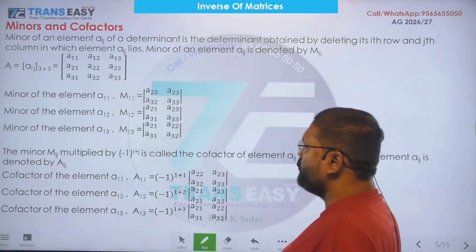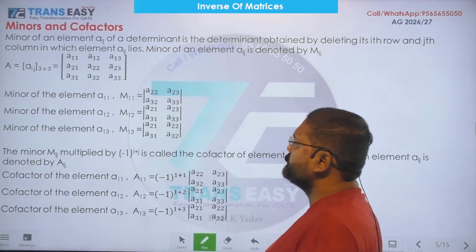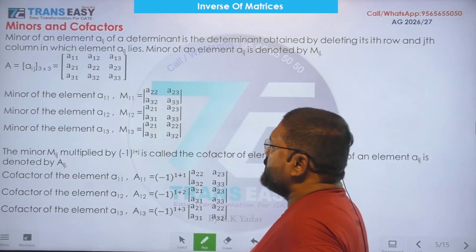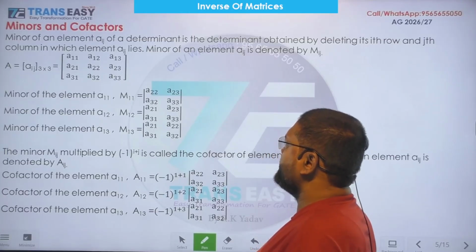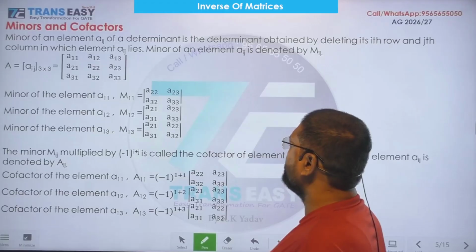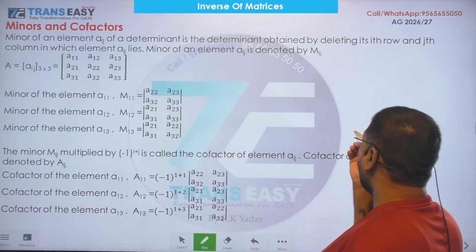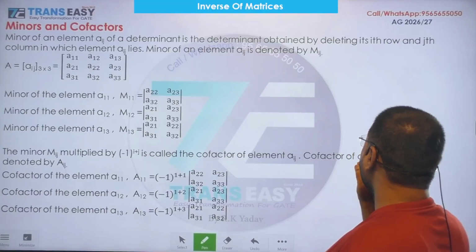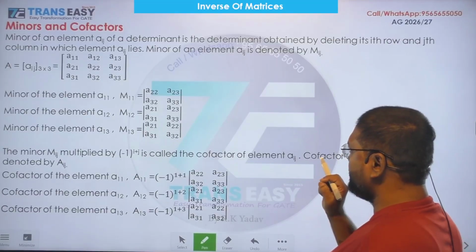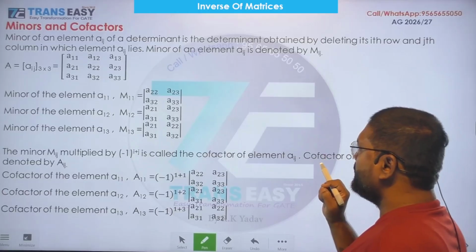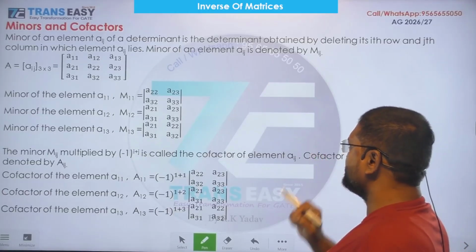Minors and cofactors. The minor of an element aij of a determinant is the determinant obtained by deleting the ith row and jth column in which the element aij lies.